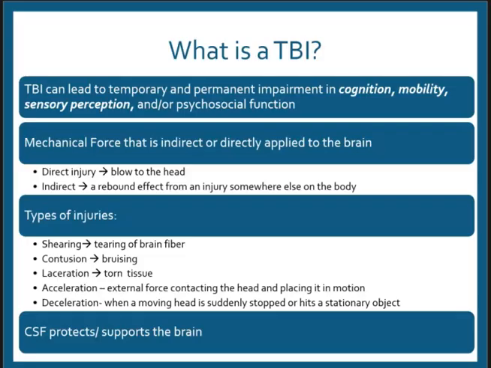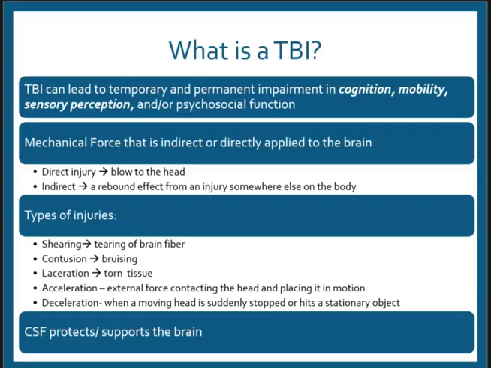You can have a TBI and be completely fine, but you could also have a TBI and it could pull your life all apart. So just depending on where the injury is, how severe the injury was, and the treatment that was given. So mechanical force that is indirect or directly applied to the brain.